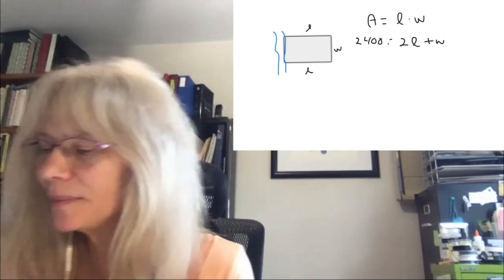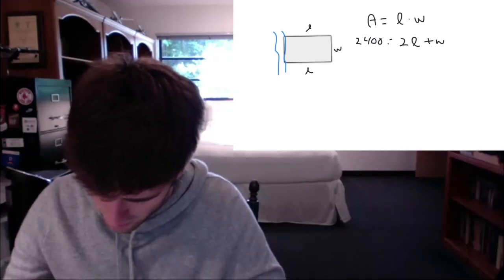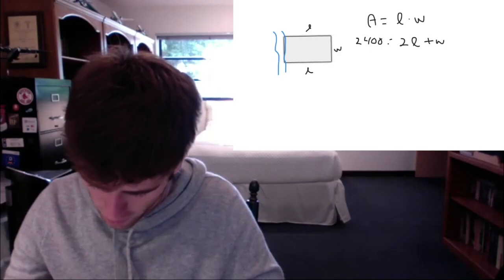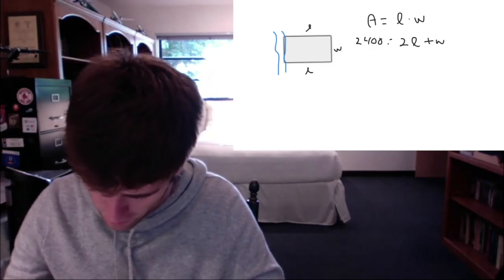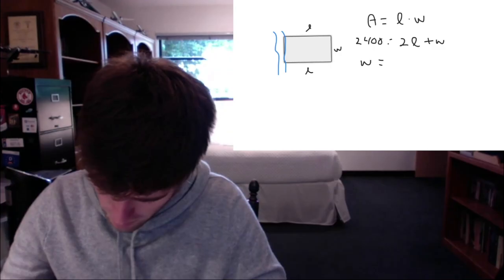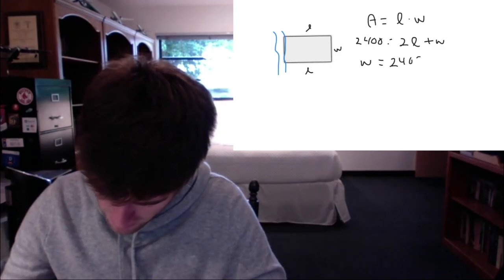Very nice. Okay, good. One way to solve this would be to substitute our W by first rewriting the equation so that W is actually equal to something. Might be something like 2,400 minus 2L. Great.